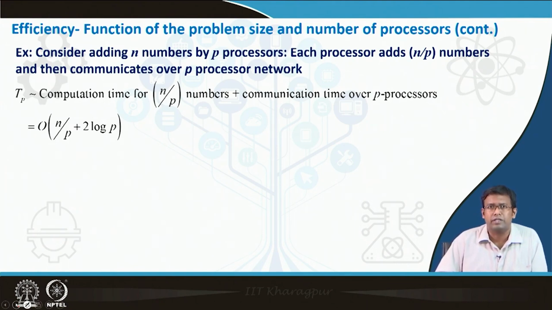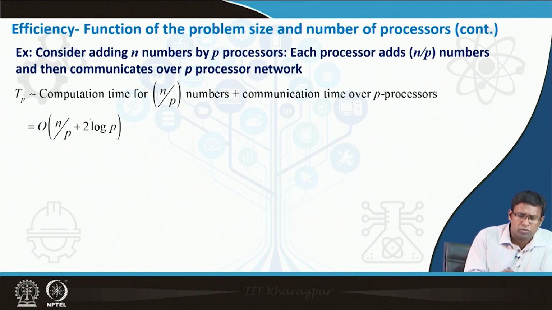This communication time, sending data by a processor and receiving by another processor over a P processor network, can be shown to be of the order of 2 log P. Therefore, the total time requirement becomes of the order of n by P plus 2 log P in case of parallel computing of summation of n numbers in a P processor network.